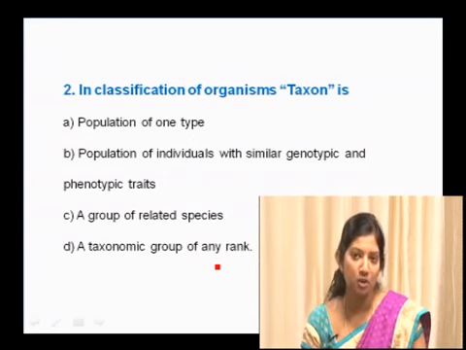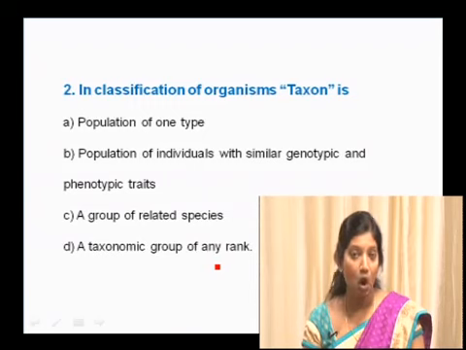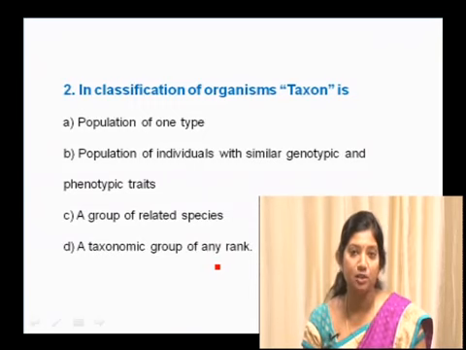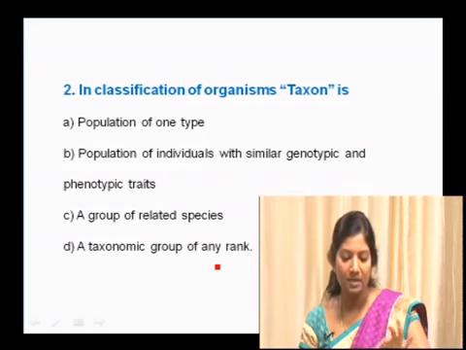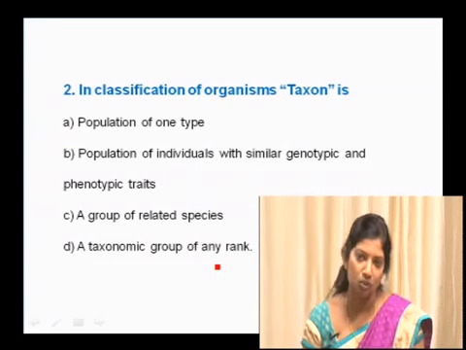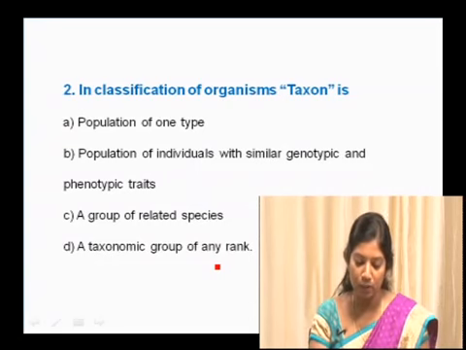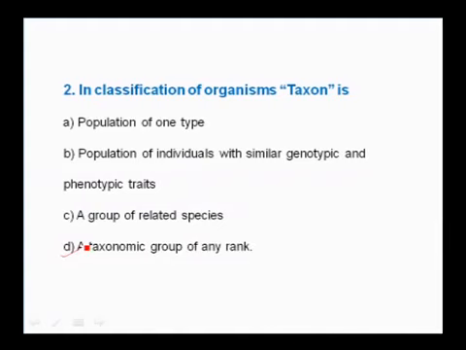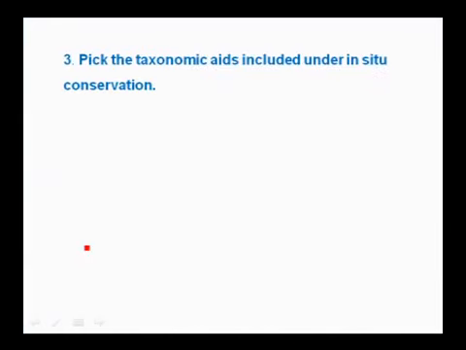The other options, for example option C, a group of related species: you are aware that related species are grouped into a rank called genus. So all these are wrong options just to confuse you. The right one is a taxonomic group of any rank. Let's see the next question.